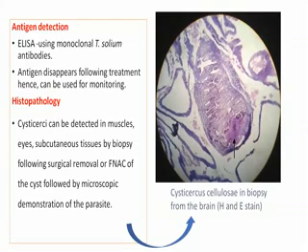One is antigen detection, that is by ELISA. Here we use only monoclonal Taenia solium antibodies. Because cysticercosis takes place over a period of years, at that time antigen can be there or cannot be there.